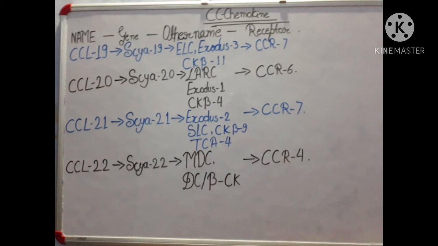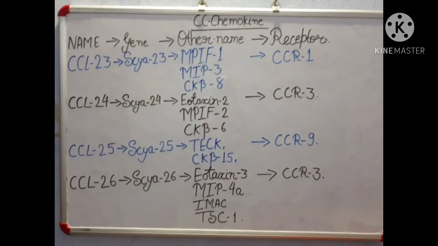CCL20 is encoded by the SCYA20 gene. It is also known as LARC, Exodus 1, CK beta 4 and its receptor is CCR6. CCL21 is encoded by gene SCYA21. Its other names are Exodus 2, SLC, CK beta 9, TCA4 and it has only one receptor, that is CCR7.